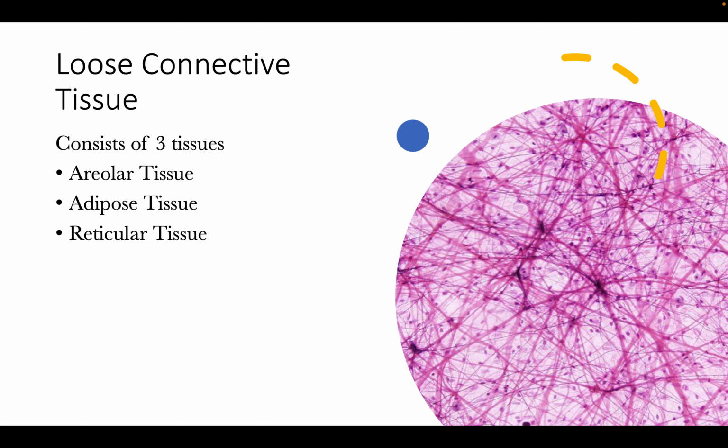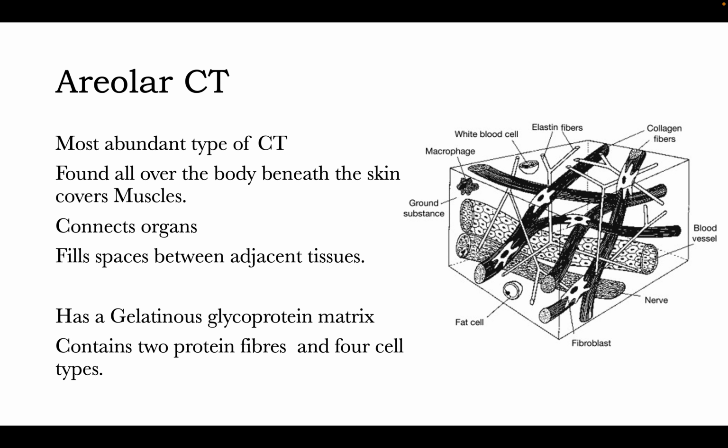Loose connective tissue consists of 3 tissues: areolar tissue, adipose tissue, and reticular tissue. Areolar connective tissue is the most abundant type of connective tissue, which is found all over the body. It is found beneath the skin, connecting organs together and filling up spaces between adjacent tissues.